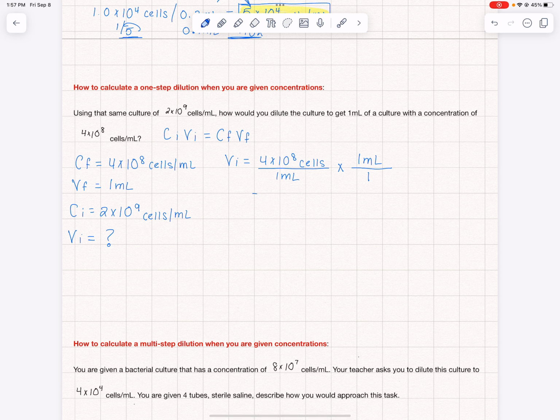Now all of this will be divided by our starting concentration, which is 2 times 10 to the 9th cells, and that also is going to be over 1 milliliter. So, in order to simplify this, the first thing that we can do is cancel out our milliliters shown here.